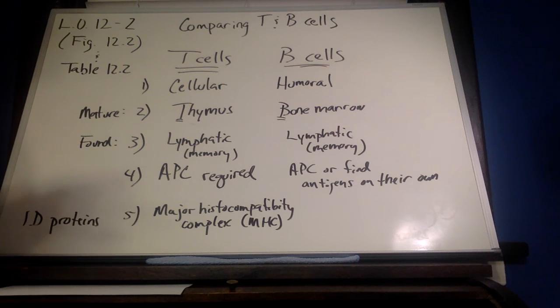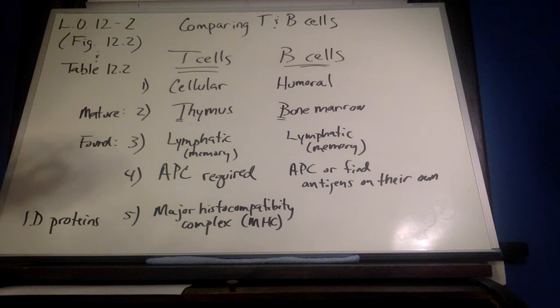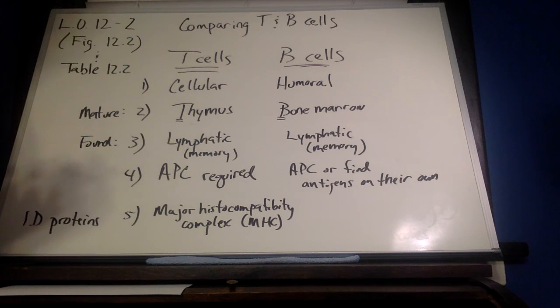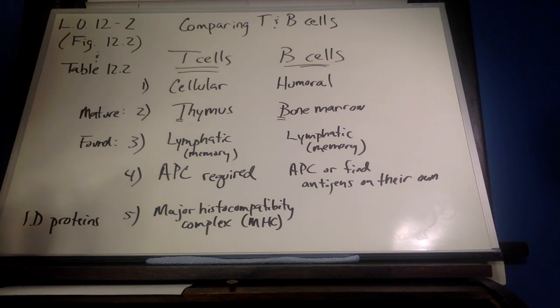It's like different organs will have different proteins on their cells that say, hey, I'm a protein that's only found on a liver cell, or I'm a protein that is only found on a spleen cell. Well, MHC cells are found on every one of your cells, and they identify what are called self cells, and we'll come back to that again.